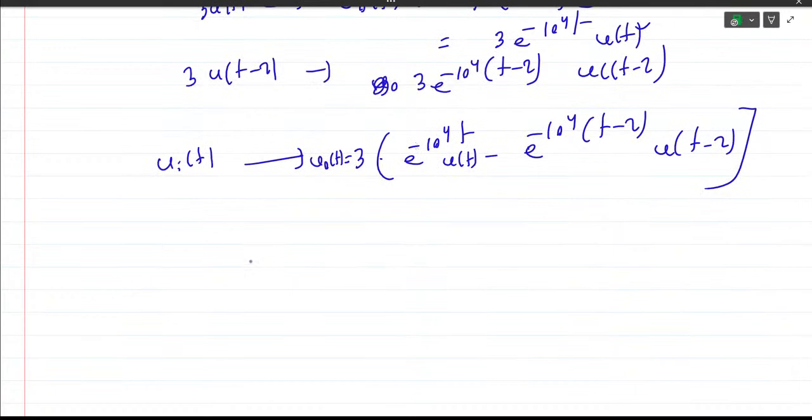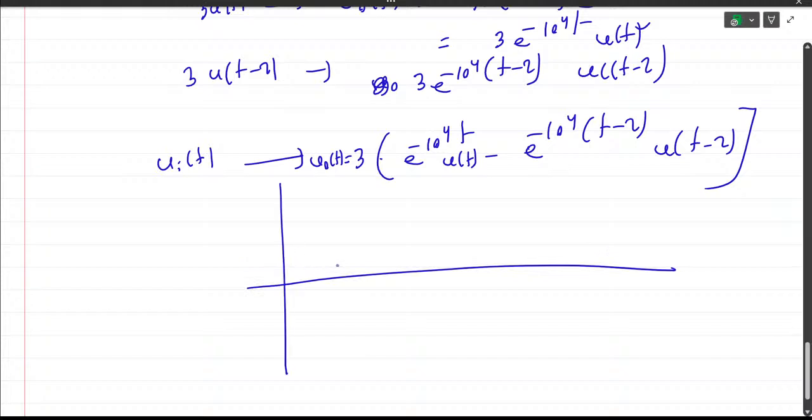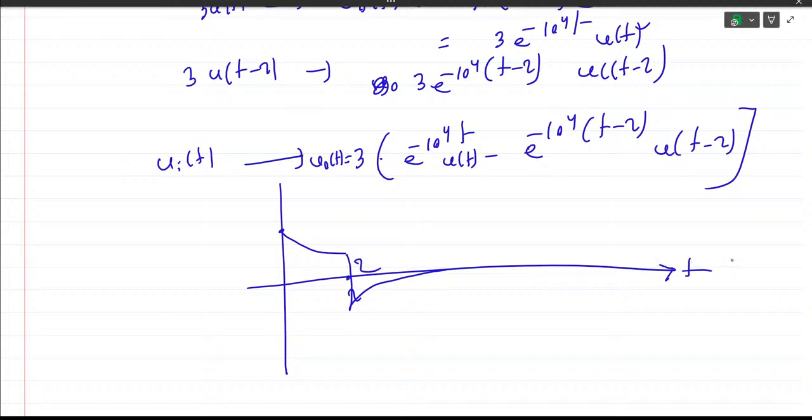That means the solution will look like this. So this will be the solution at this point, and this is what the output waveform looks like.